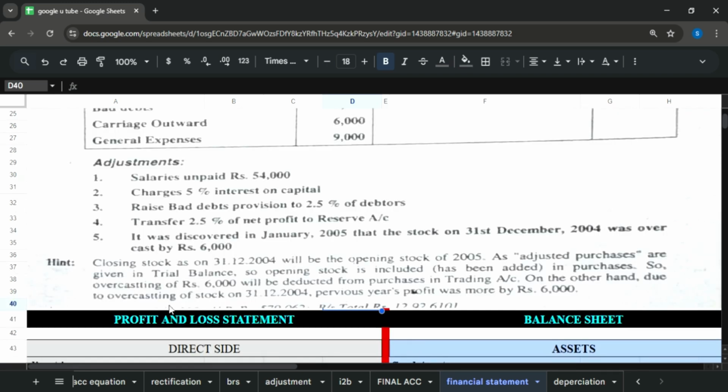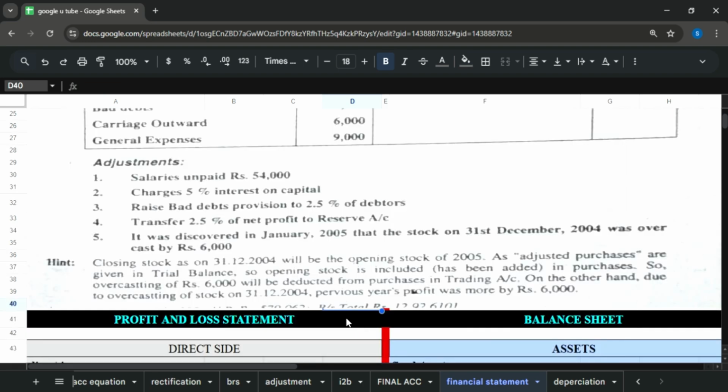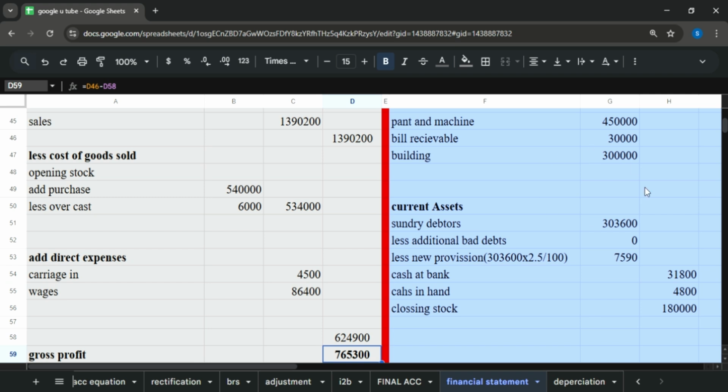Answers are not present, only balance sheet answer is little visible, 1292610. Anyhow, so we have got 765300. Please note it down. Answers in financial statement are though very important, but first of all, in examination, these answers would not be present. And secondly, when you will solve your question, balance sheet would automatically be equalized.